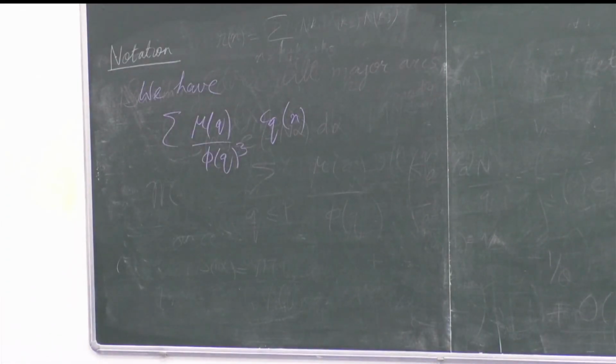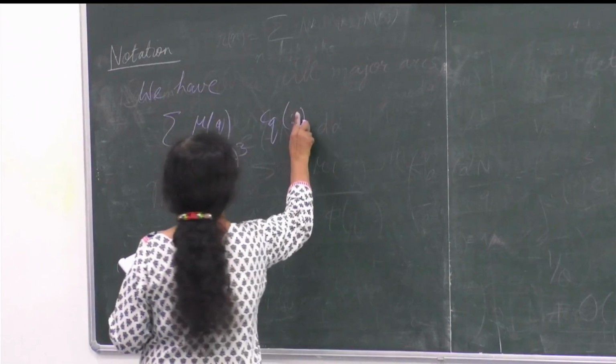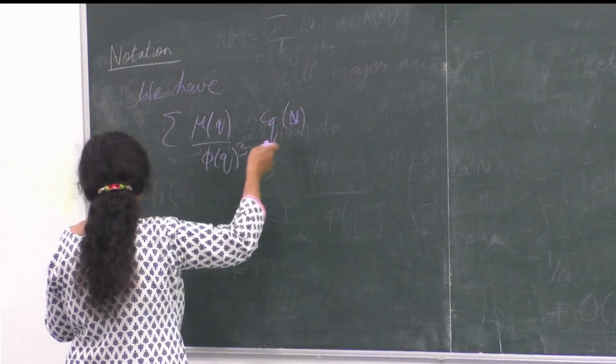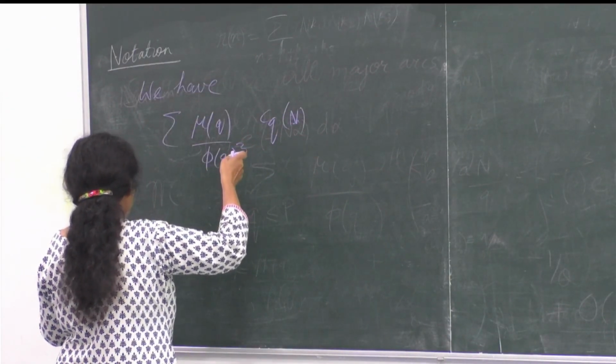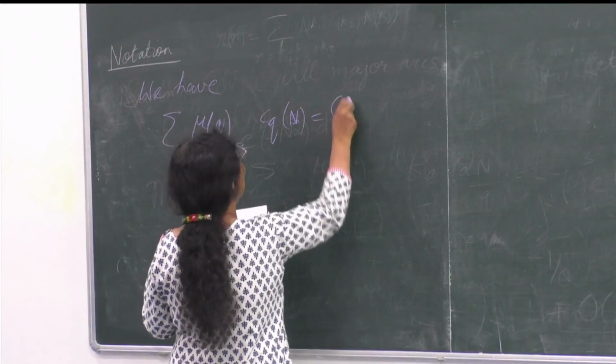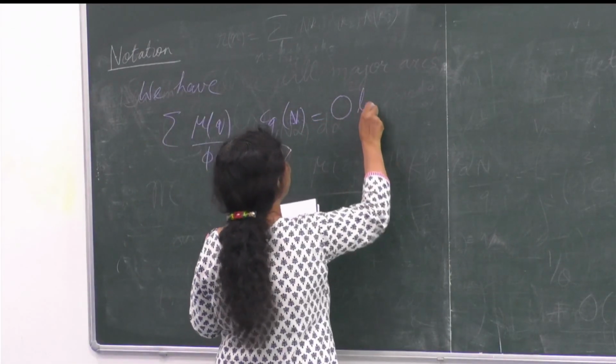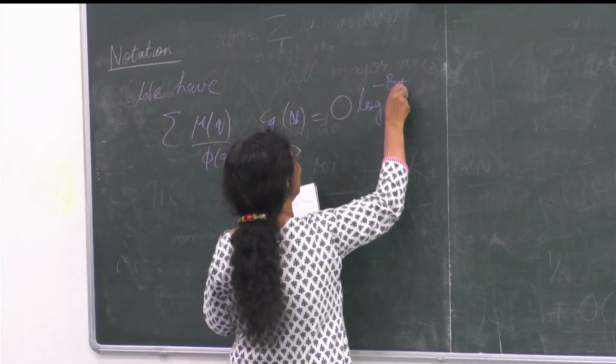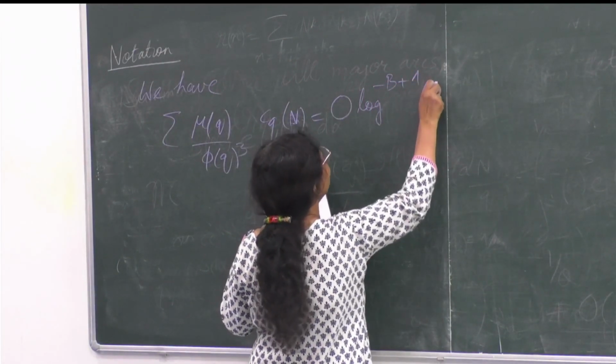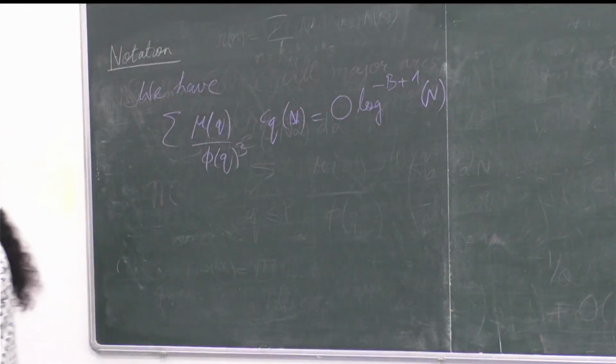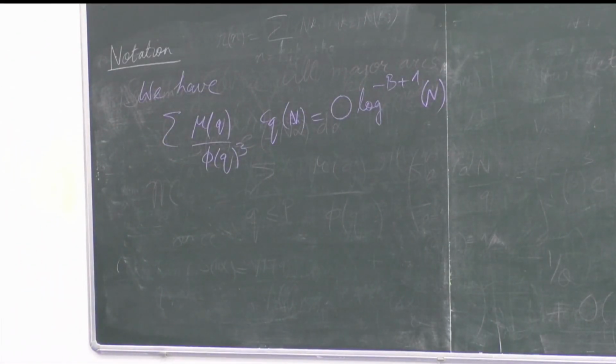No, this was big N, so this should have been capital N. c_q of capital N, it's the limit. And this is equal to big O of log to the power b plus 1 of N. Remember what we said? We are going to get a b, and we are going to choose this b in terms of the a which we had in the beginning of the theorem.